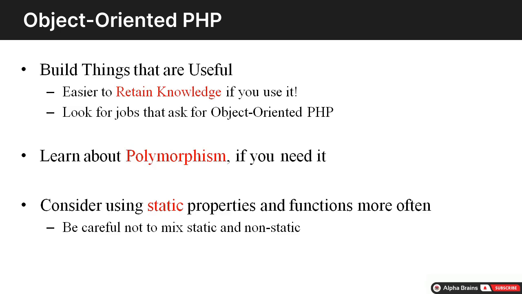A third thing here is to consider using static properties and functions more often. When we are coming from procedural PHP and learning about object-oriented, it can be a bit overwhelming. We're instantiating objects all over the place and using these rules to get things on that object and so forth, and that is a very useful thing about object-oriented programming.